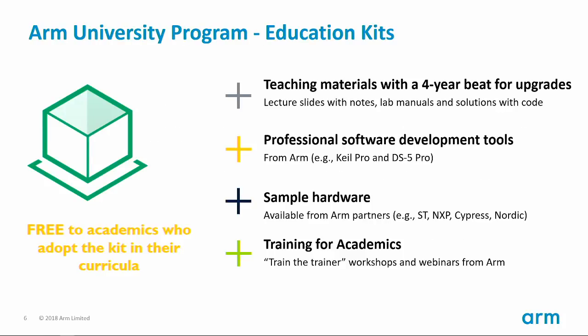The education kit includes teaching materials, such as lecture slides and lab materials, and also the software tools, like DS5, as was mentioned, and some sample boards that could be used by students. We also offer trainers for the academics.